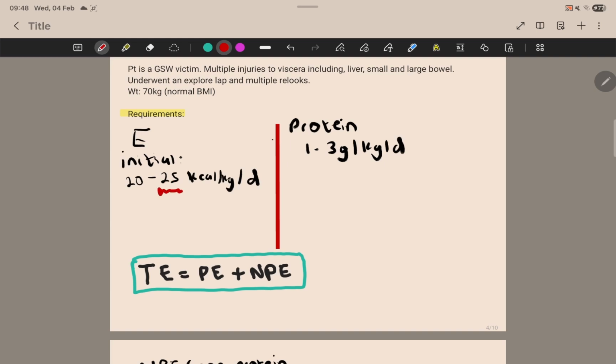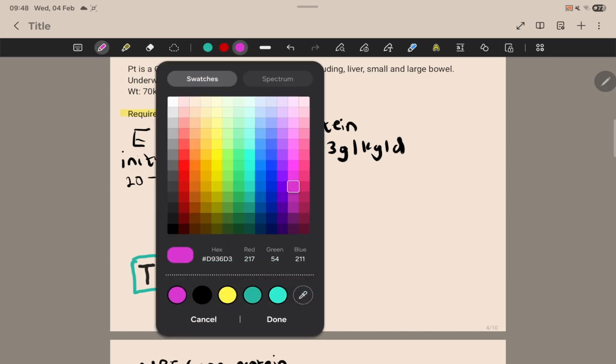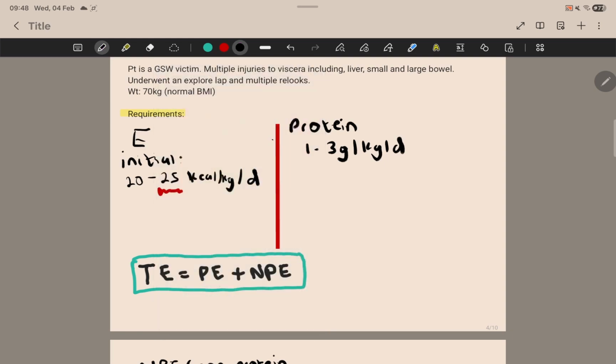So 25 multiplied by 70 multiplied by 4.2, because we need to convert to kilojoules. It's going to be 7350 kilojoules per day. So now we have our energy.